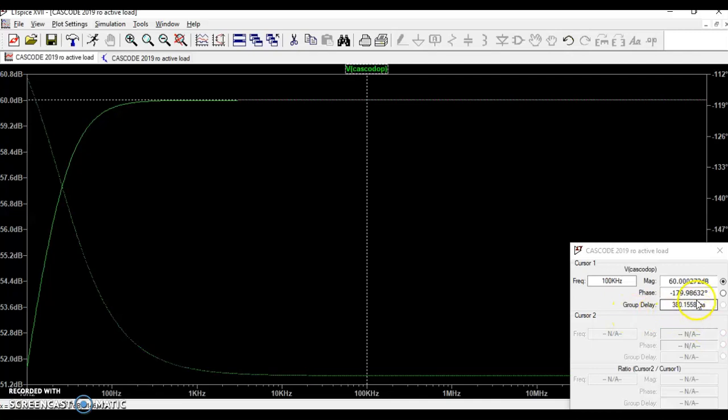We are expecting almost 60 dB, and we are getting 60 dB as the gain of the cascode amplifier with R0 load. This way we can design a cascode amplifier with R0 load and verify the design. We will see next the cascode amplifier with cascode load.